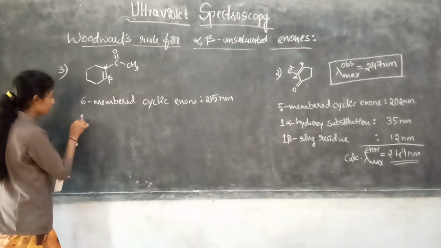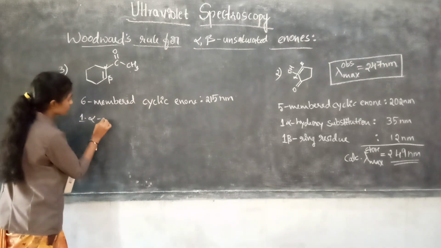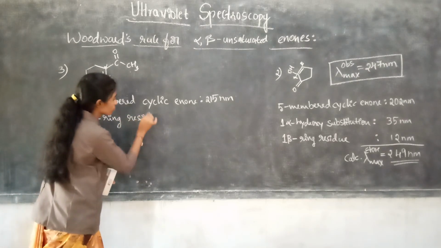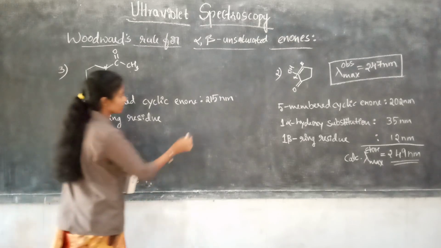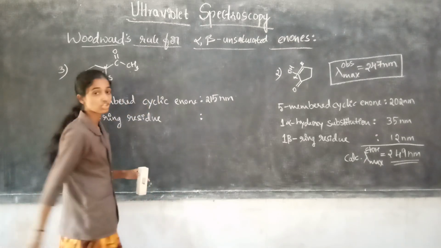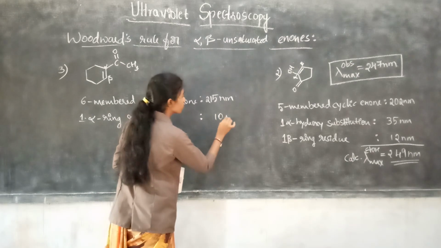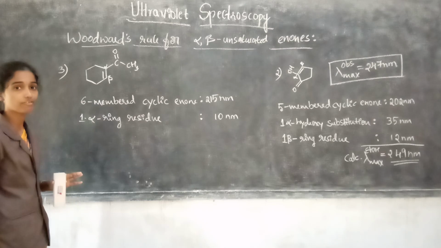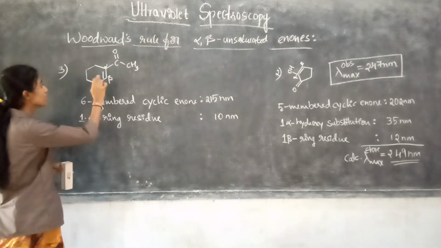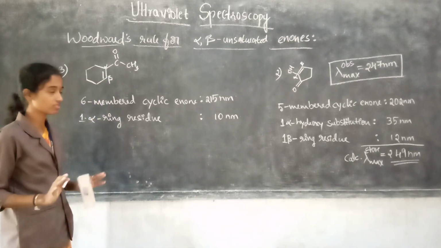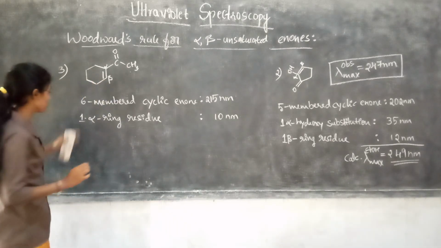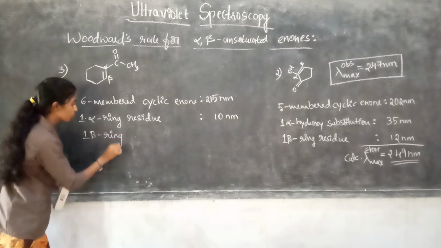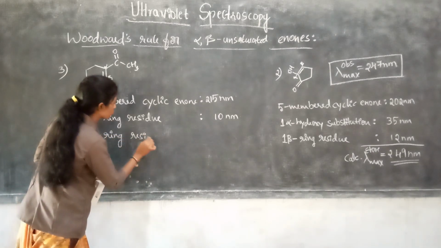For each ring residue in alpha position there will be addition of 10 nanometer, whereas in beta position also we have one ring residue.